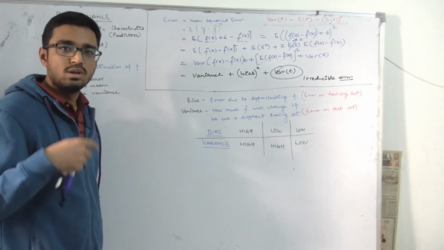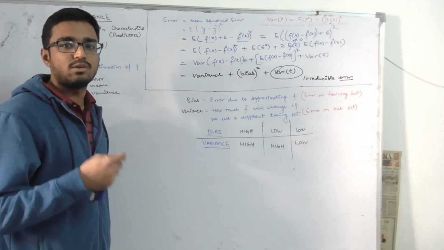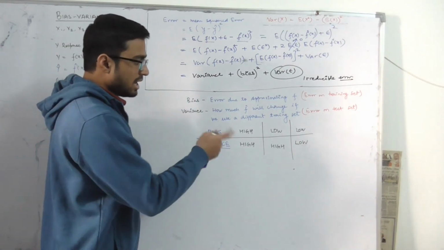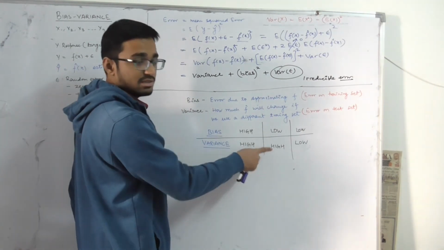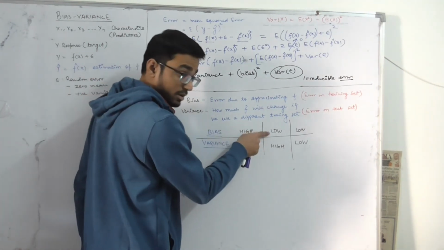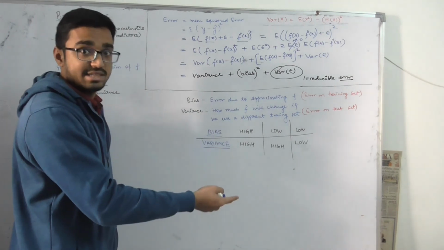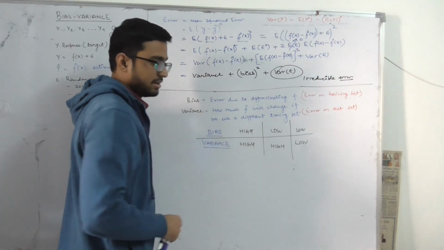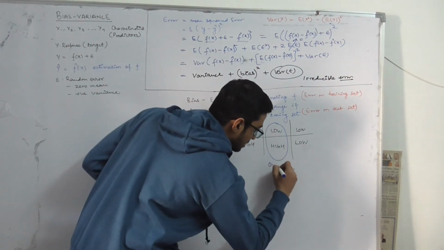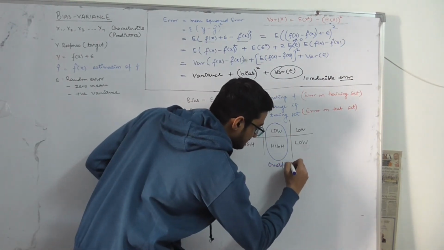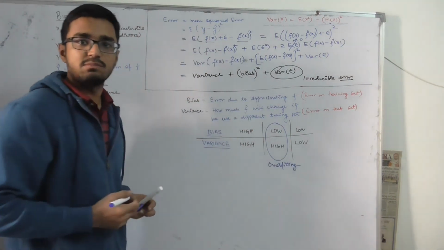Okay, we try to apply some techniques to improve the accuracy of the model. In the second case, if we have low bias and high variance, that means the model is performing well on the training set and badly on the test set. This is also called overfitting, a very common term in machine learning.